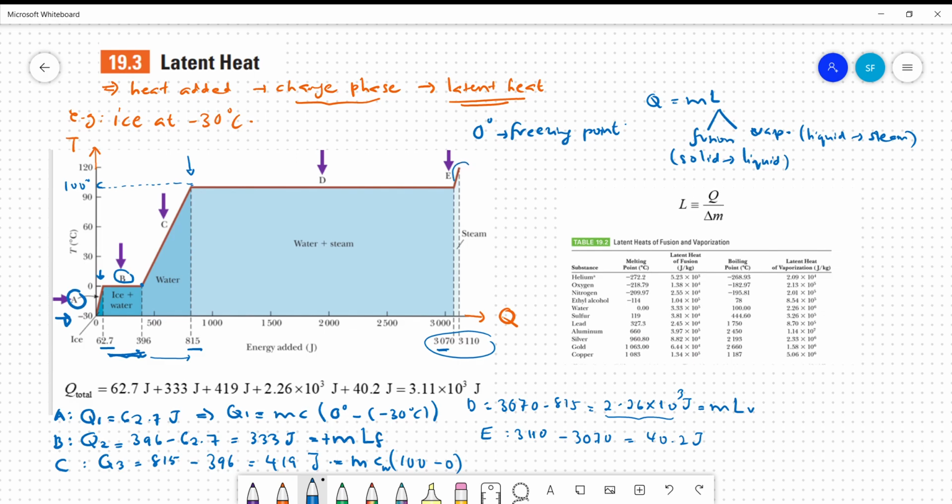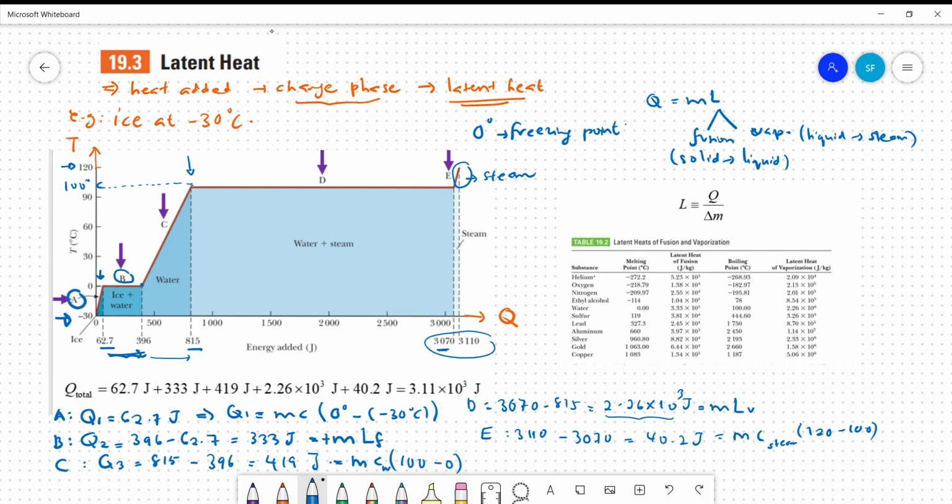As you can see here, everything has become steam or gas. So it becomes steam, let's say up to 120 degrees Celsius. So this is m, and this is c steam, and then we have 120 minus 100. So the total energy required to convert the ice to become steam at 120 degrees Celsius.